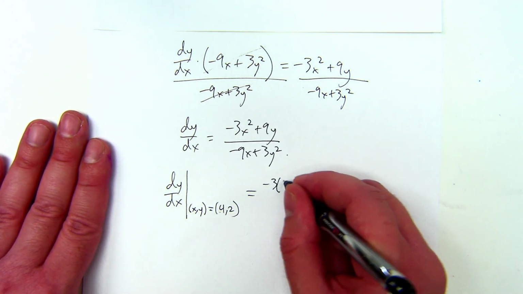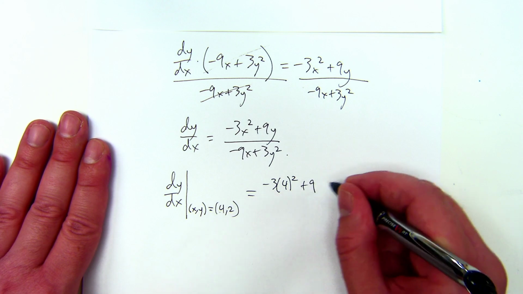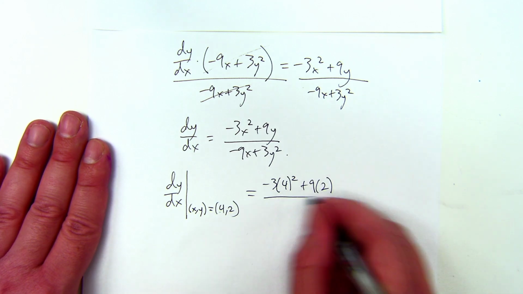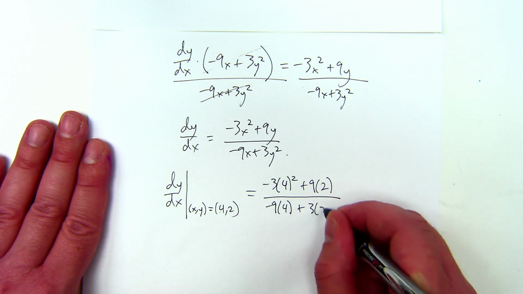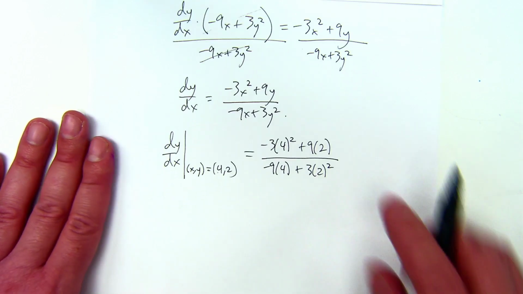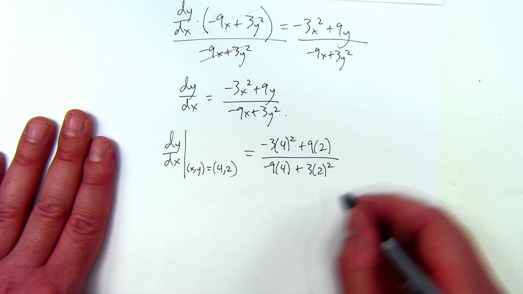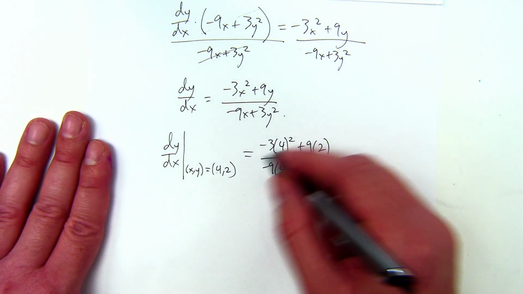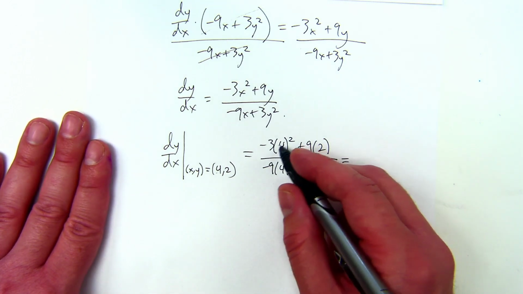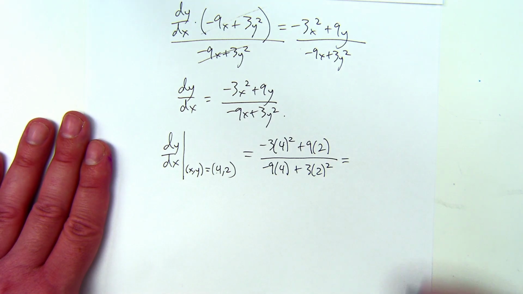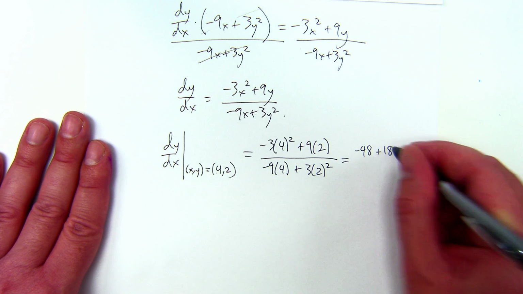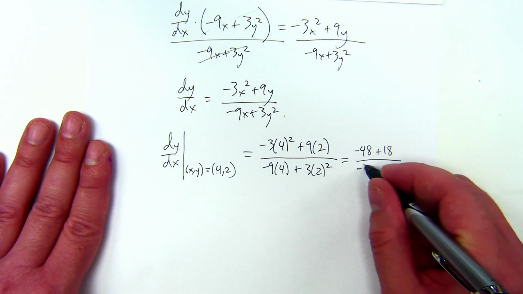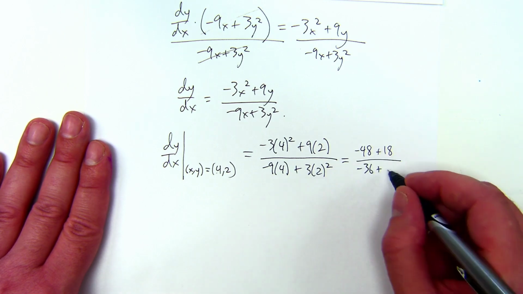So we get negative 3 times 4 squared plus 9 times 2, over negative 9 times 4 plus 3 times 2 squared. If we multiply this out, that's 16 times negative 3, which is negative 48, plus 18, divided by negative 36 plus 12.